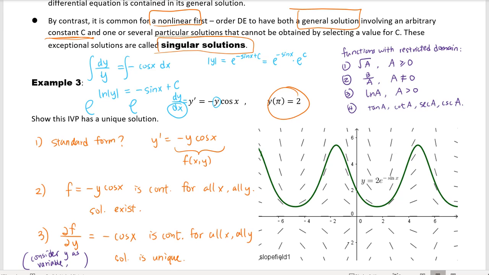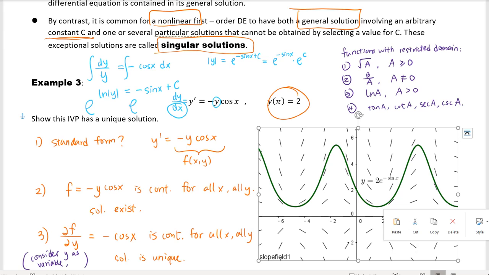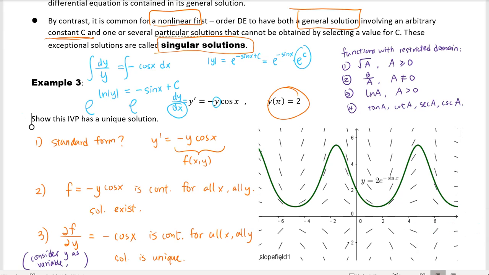To get rid of the absolute value, because y could be positive or negative but e to the c is only positive, let's rename a new constant, d.